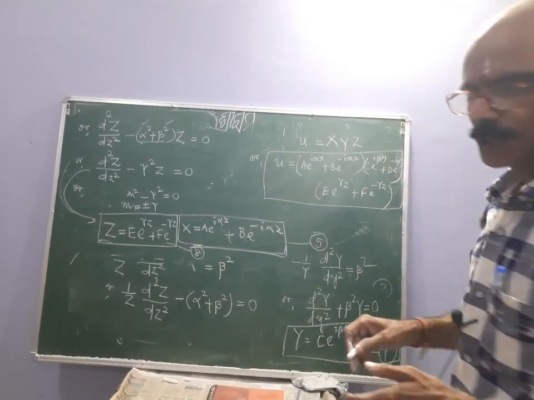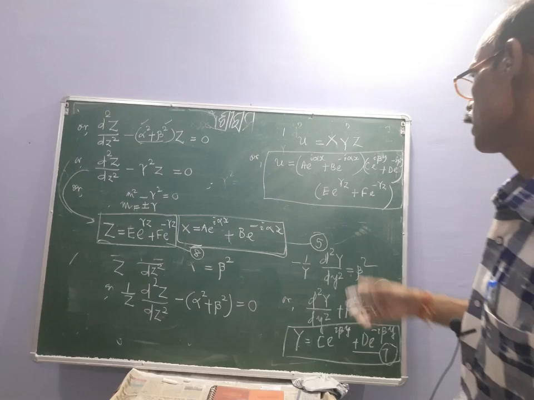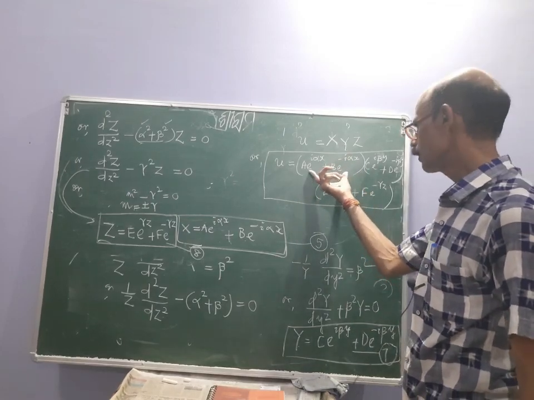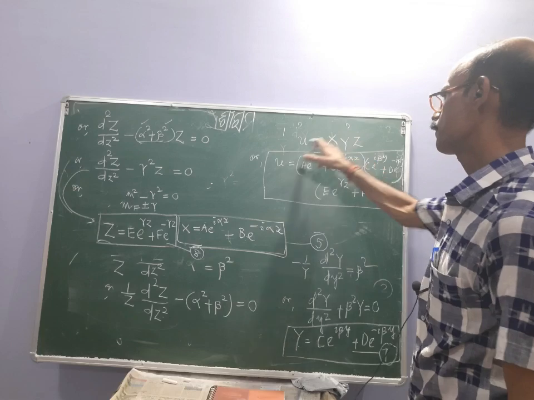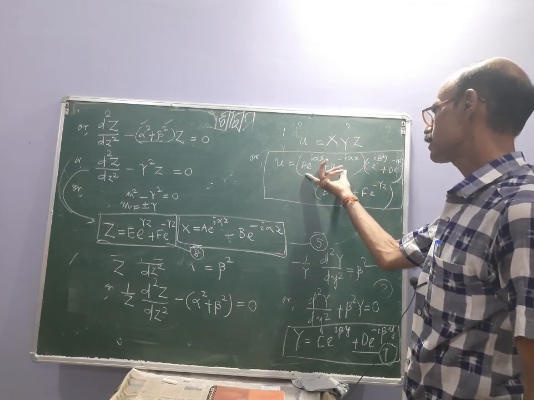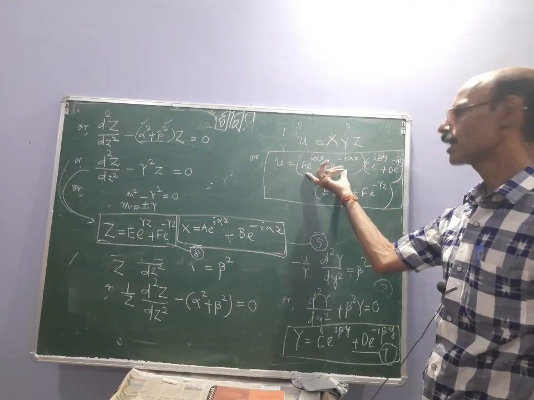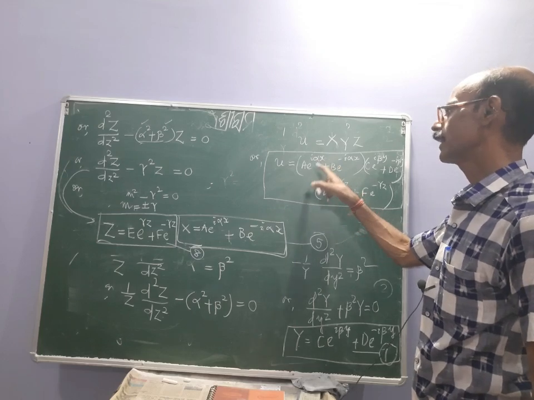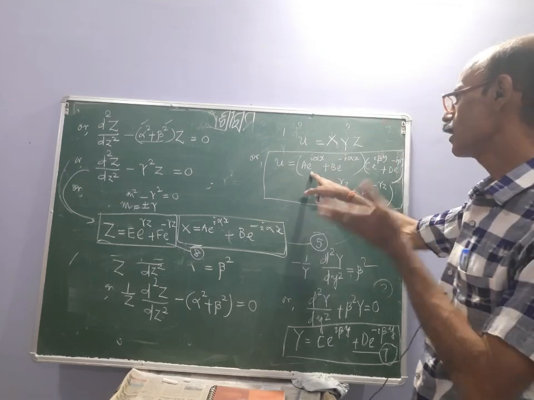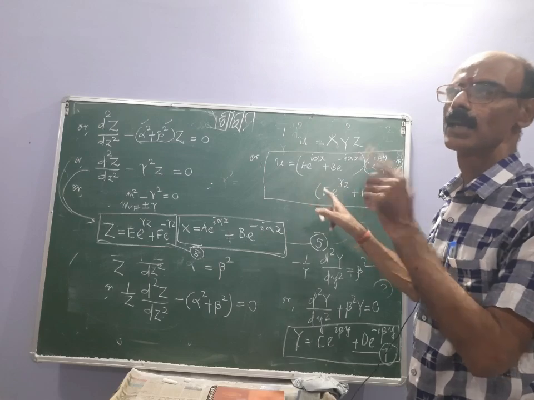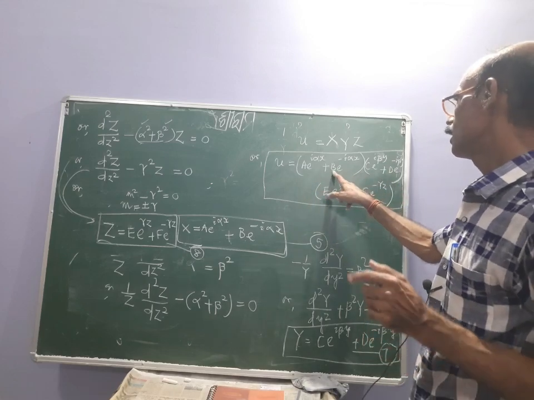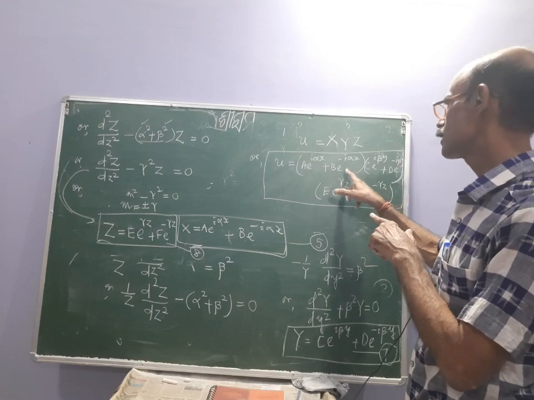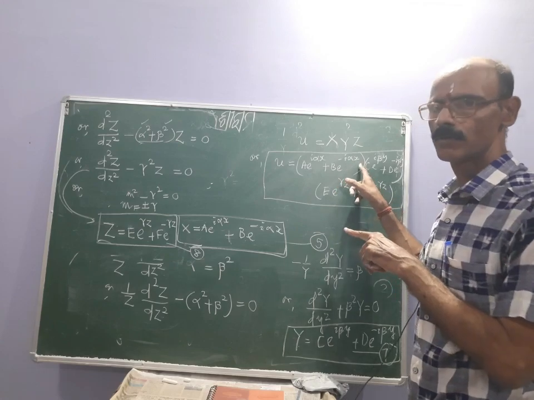Dear students, I want to say something. In some books, some authors, some teachers, express the solution in terms of cos and sine functions. You see, exponential i alpha x can be written as cos alpha x plus i sin alpha x, and exponential minus i alpha x as cos alpha x minus i sin alpha x.